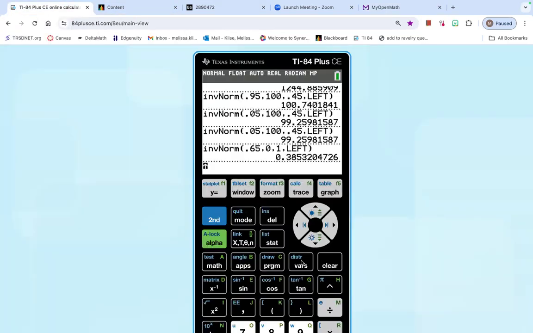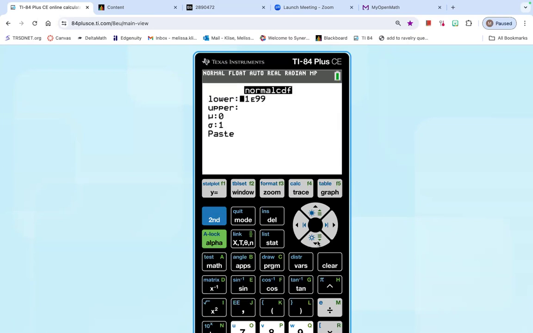So I'm going to do my normal CDF to find the area under the curve to the left of that test score. I want to know what is the probability of getting a test score less than 1394. So negative 1E99, 1394. My mean for the SATs was 1094, and the standard deviation was 200.